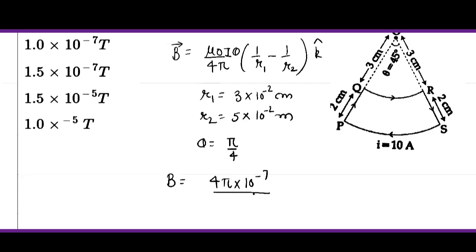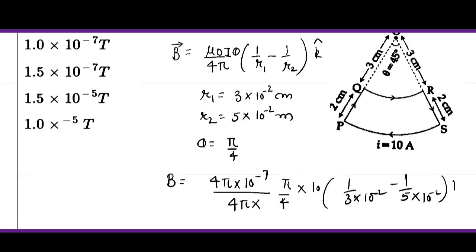mu naught is 4 pi into 10 raised to power minus 7, 4 pi is already there, into theta, which is pi upon 4, and current is 10 ampere. Put this value: 1 upon 3 into 10 raised to power minus 2 minus 1 upon 5 into 10 raised to power minus 2.